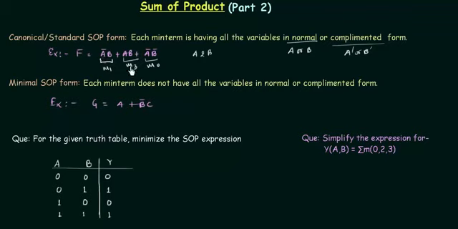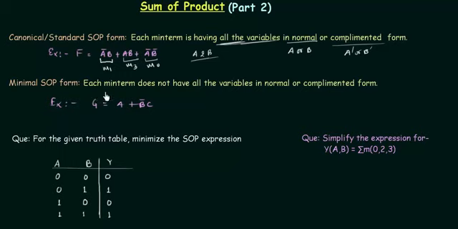In M3 I have a and b in normal forms, and in M0 both a and b are in complemented form. So definitely it satisfies our requirement that each minterm must have all the variables in normal or complemented form, and here in all the minterms we have a, b in normal or complemented form. So this is all about the canonical or standard SOP form.